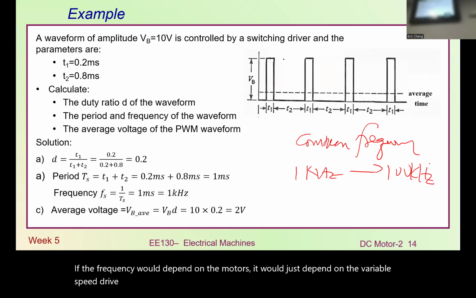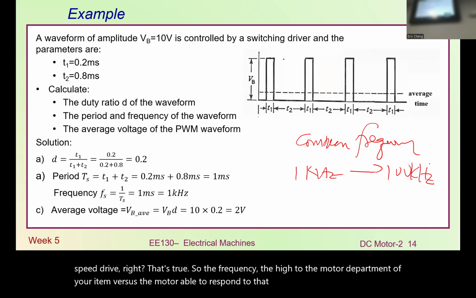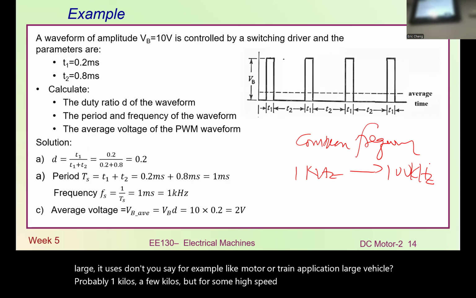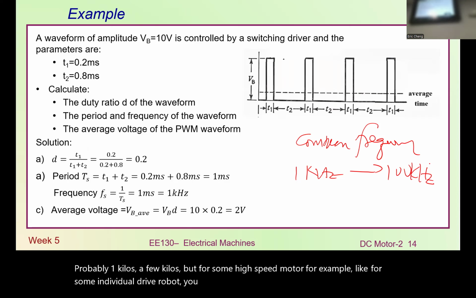That's true. The frequency applied to the motor depends on a few items. First, it depends on whether the motor is able to respond to that frequency. If the motor is too large, it just can't do 100 kHz. Say, for example, a motor for a train application, a large vehicle, then we can probably do 1 kHz, a few kHz. But for some high-speed motors, for example for some industrial drive robots, we need to use high frequency, maybe 50 kHz will be quite common.